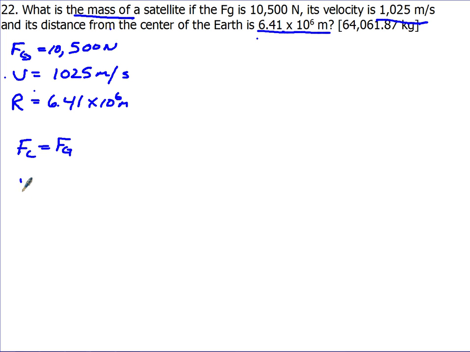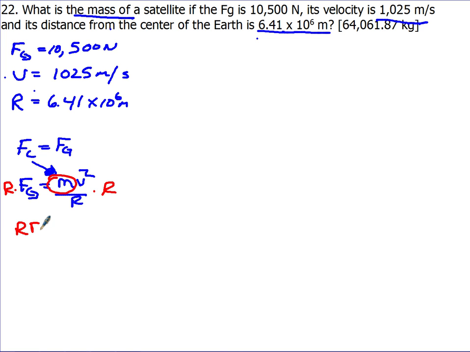So FC is equal to FG, and FC is mv squared over r. I've just made that substitution right there. I need to do a little bit of algebra here. I need to solve for the mass. First thing I'm going to do is get rid of my denominator, so I'm going to get rid of my r's.